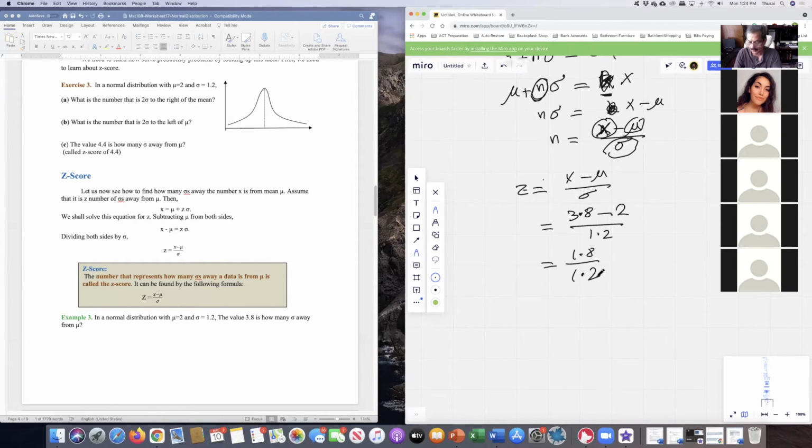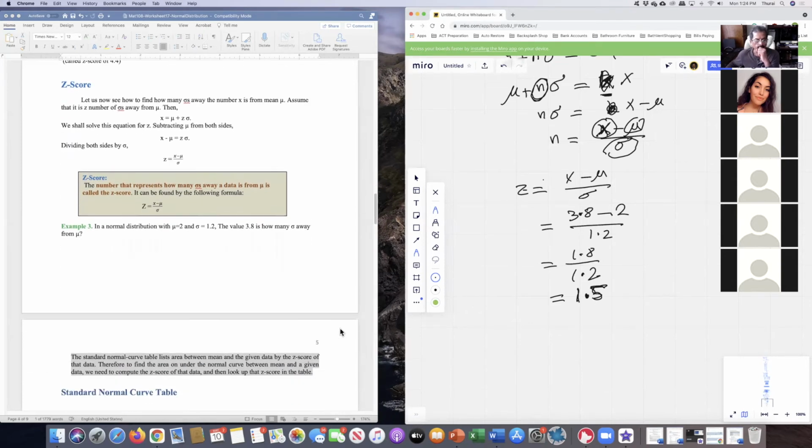Put that in the calculator, 1.8 divided by 1.2, and I'm getting 1.5. So that means it is 1.5 sigmas away from the mean. That's what it means. So this number 3.8 is 1.5 sigmas away from the mean. That number is needed for us to look up on the table.